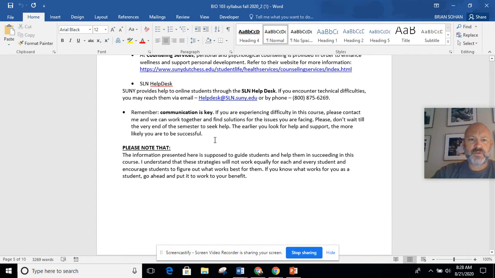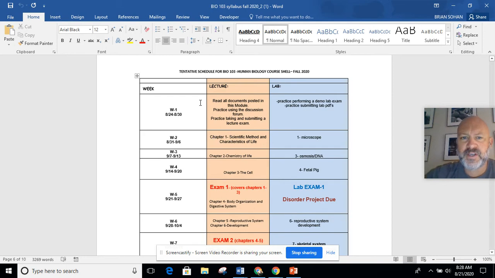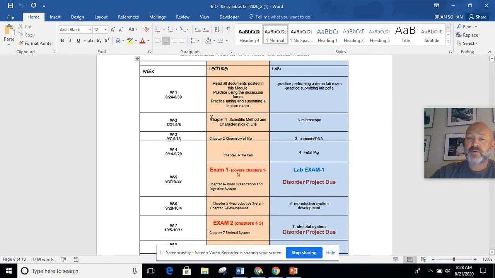If we keep scrolling down, let's get to the schedule. The schedule is kind of important. All right, so for this schedule, I would definitely want to keep this handy. This tells you when everything's going to be due. For week 1, we don't have really any graded assignments due. What I want you to do is read all the documents that are posted in the module for week 1. I do have a practice discussion forum, which I just showed you, and I want to do a practice exam.